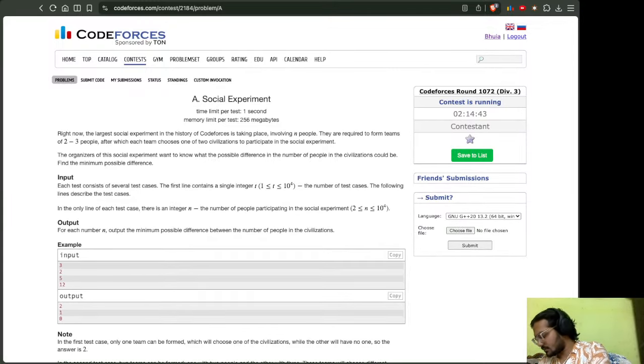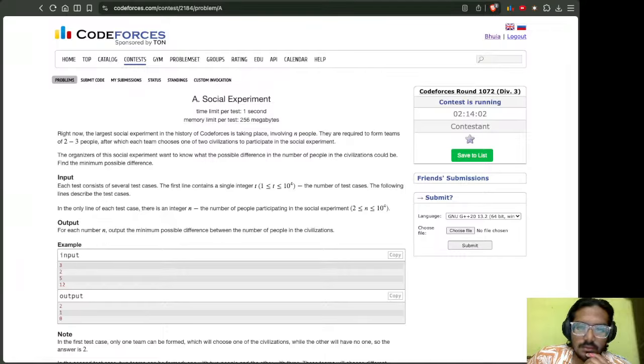Yeah, here's my first problem. Social experiment. These pages are frustrating. Another social experiment. The history of Codeforces taking place involving N people.